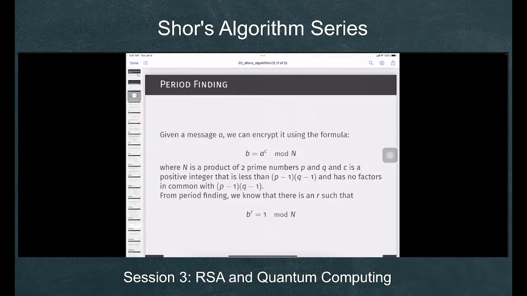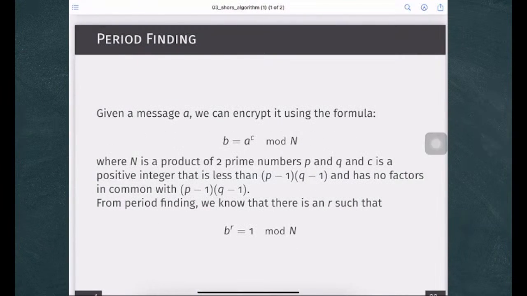What she can do is raise the ciphertext B to the private key power, and then get the remainder, and that will give her the plain text, which is A.